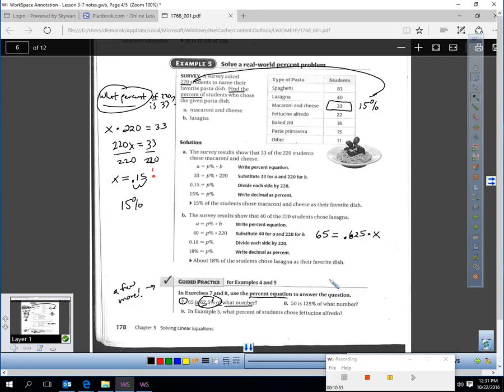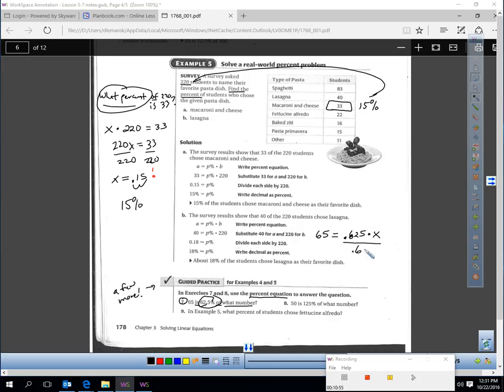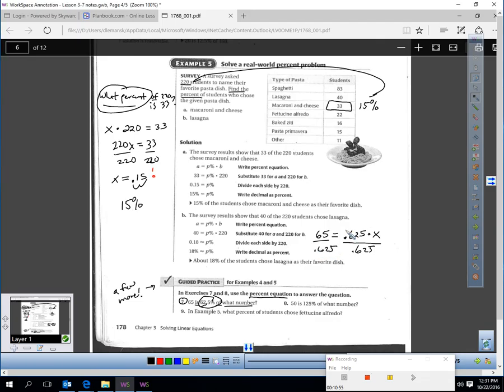X. All right, I have to solve that. So if I divide each side by 0.625, let's do that. 65 divided by 0.625 is giving me 104. So the unknown number must be 104. So 65 is 62.5% of 104. Okay?